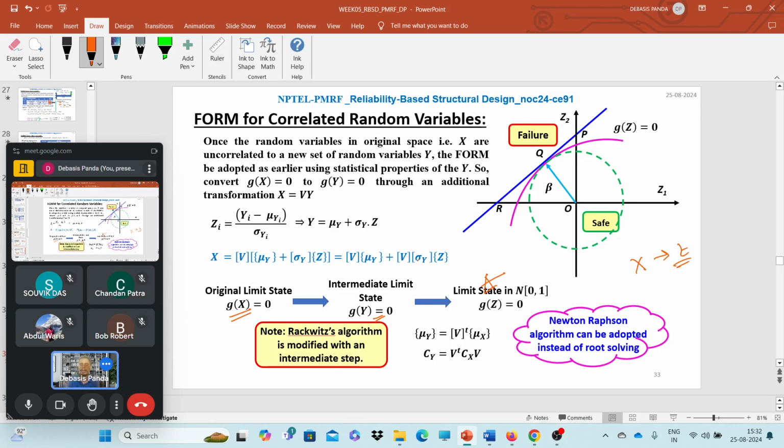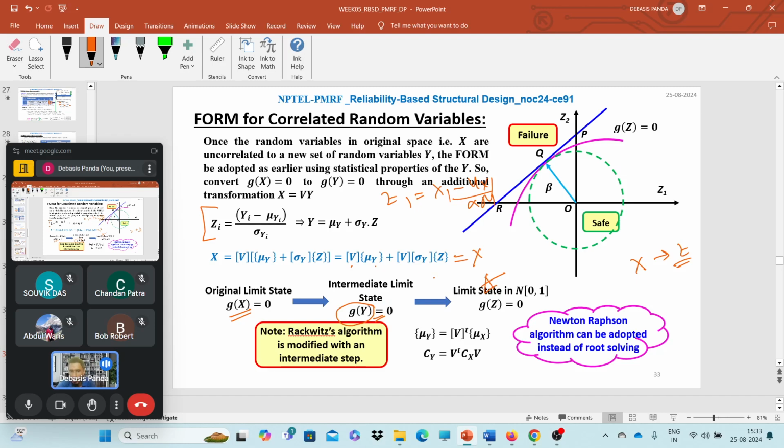So this intermediate step we need to perform, and finally the transformation will look like X equals V into mu y plus V into sigma y into Z. Recall how we transformed it. If it was the uncorrelated case, Z1 equals x1 minus mu x1 by sigma x1. Now correlation is there, so first we need to convert it into g(y), then g(z).